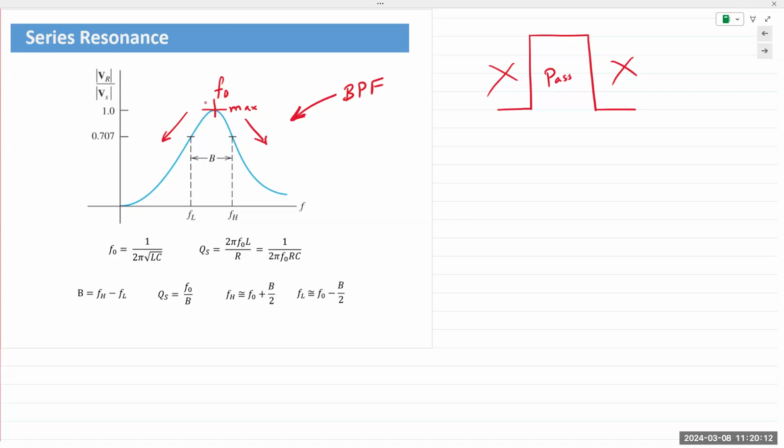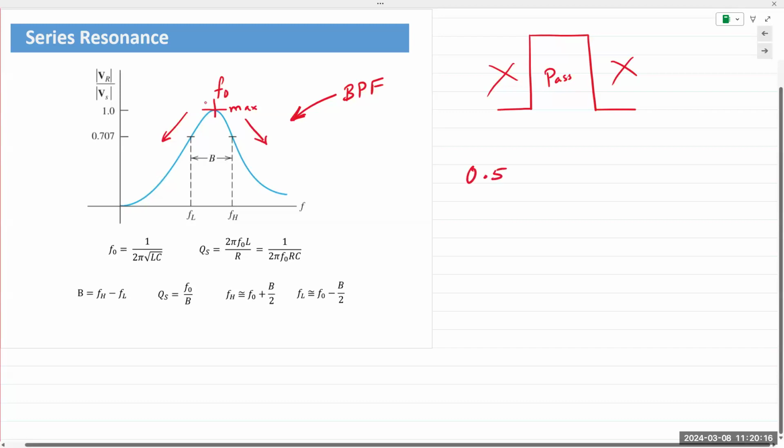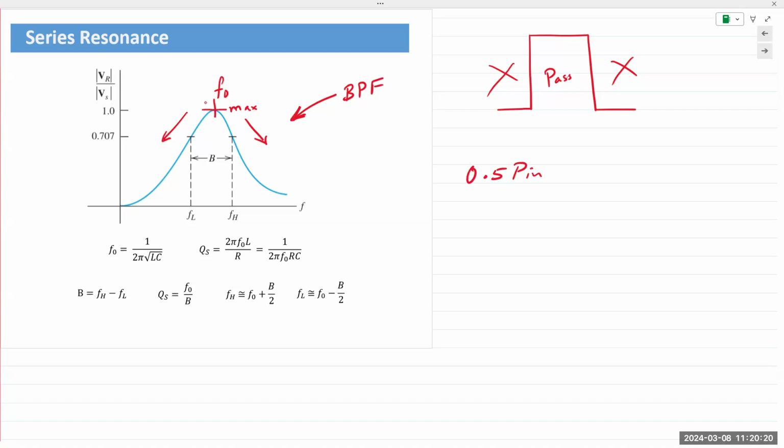Okay, and so 0.5 times P in, or a value of P out 0.5 times P in, translates to 70% of the voltage. P is V square over R, right? So the voltage is square root of the power.